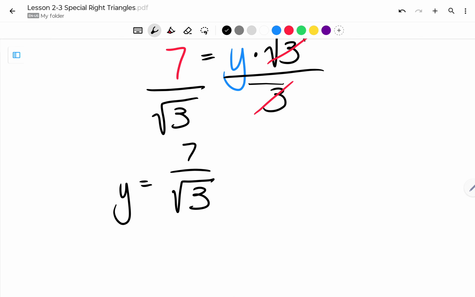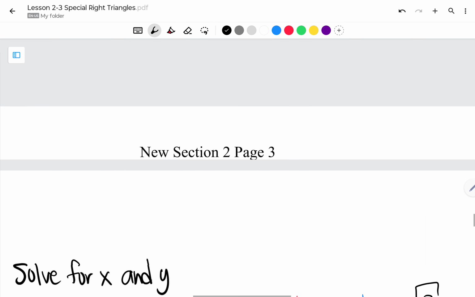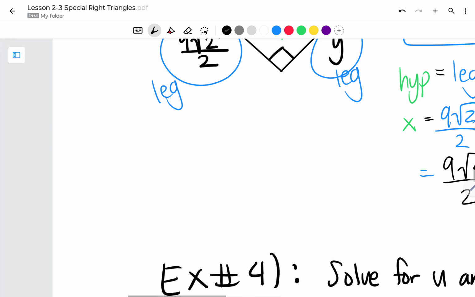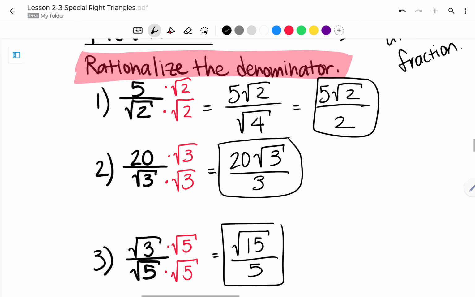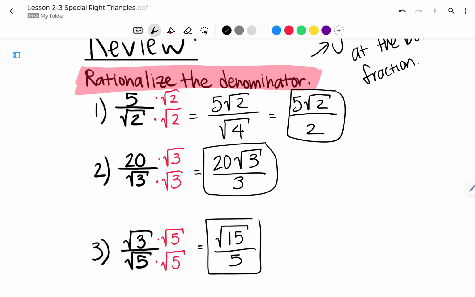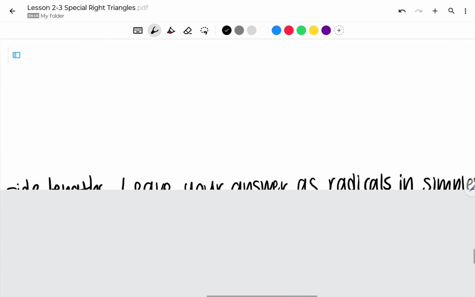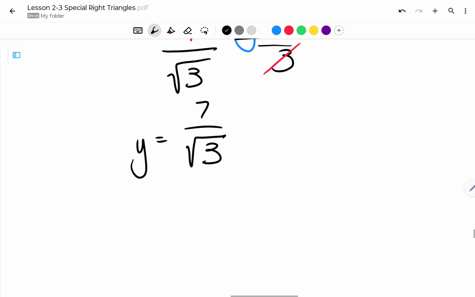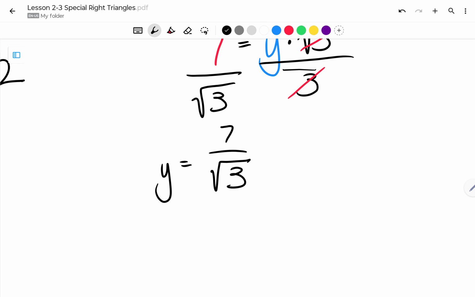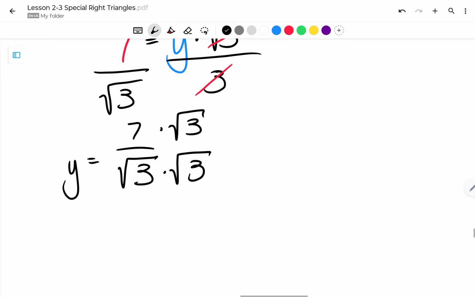What's wrong with this fraction? Remember earlier we said we cannot have a square root at the bottom of the fraction, right? This is called rationalizing the denominator. So let's practice that again. Let's take it away on the top and the bottom by multiplying the top and the bottom by square root 3.